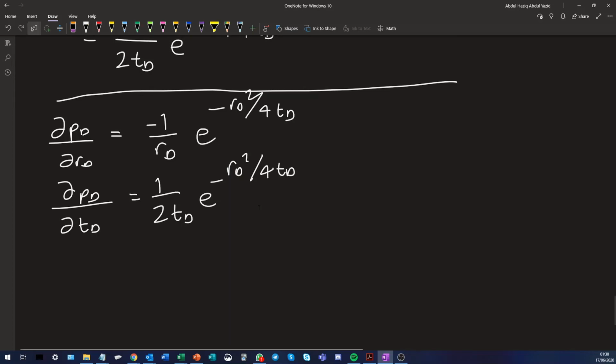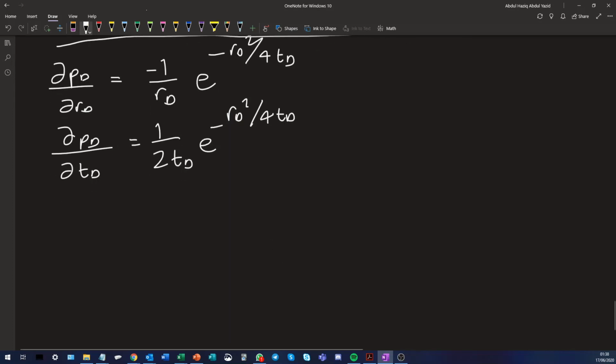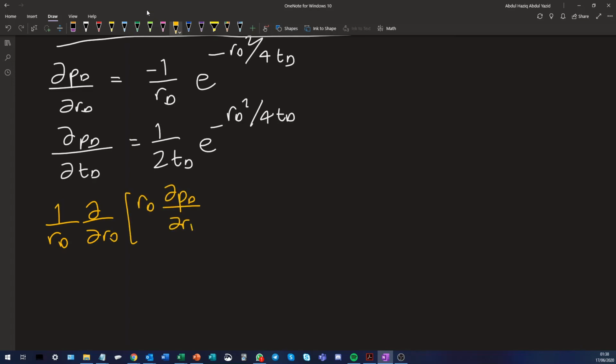Okay, but remember, going back to the diffusivity equation, which I'm going to write in orange this time, it was 1 over r sub d, ∂ over ∂r sub d, of r sub d ∂p sub d over ∂r sub d. This was equal to ∂p sub d over ∂t sub d.